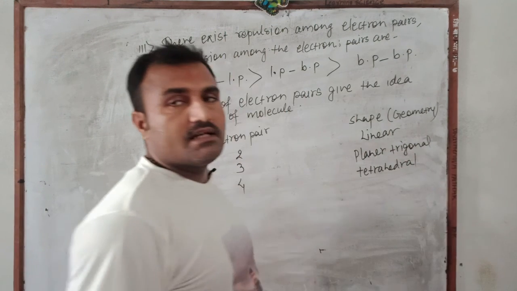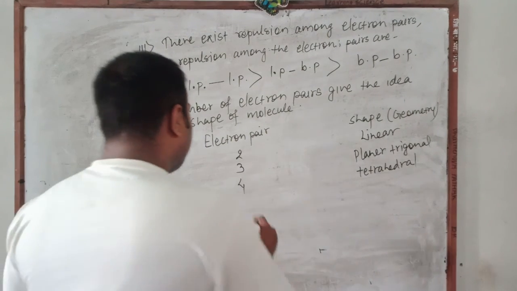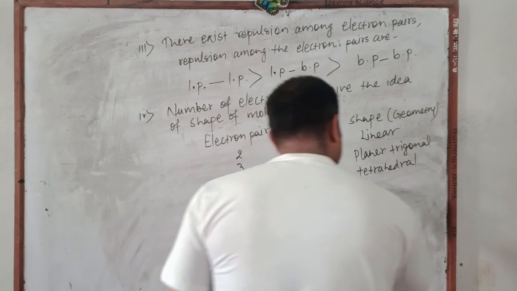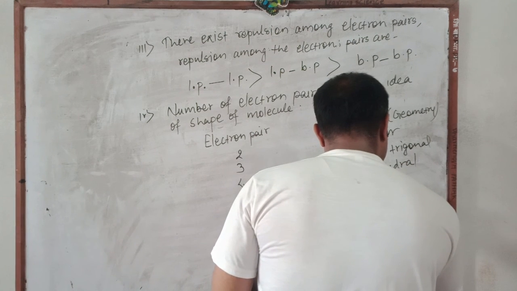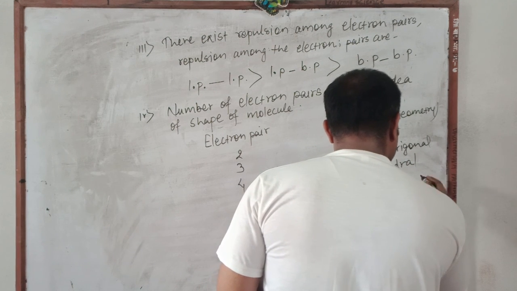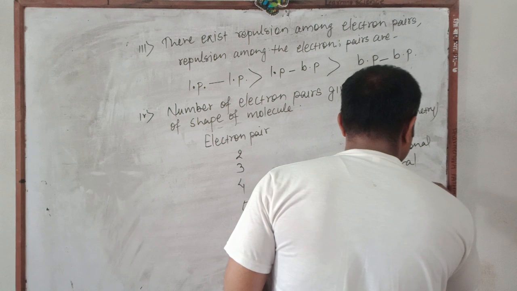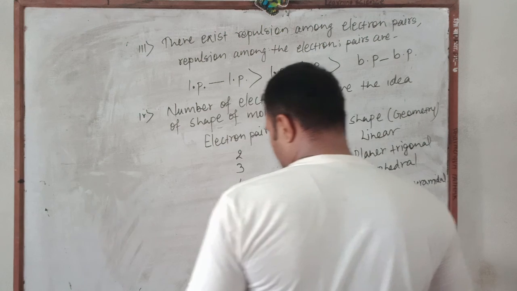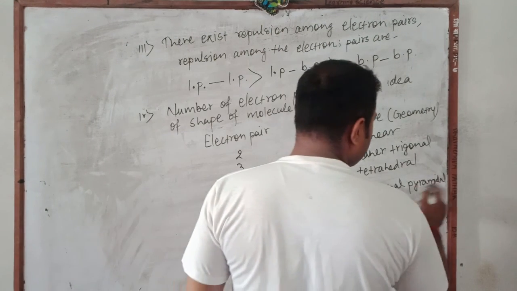If 5 electron pairs are present, then trigonal bipyramidal shape is found.